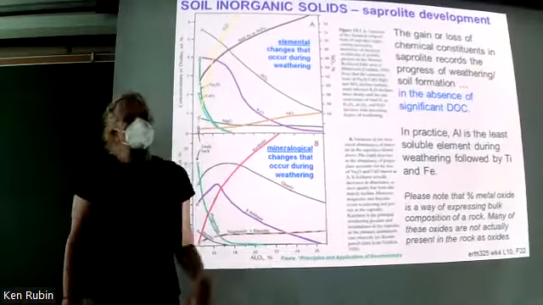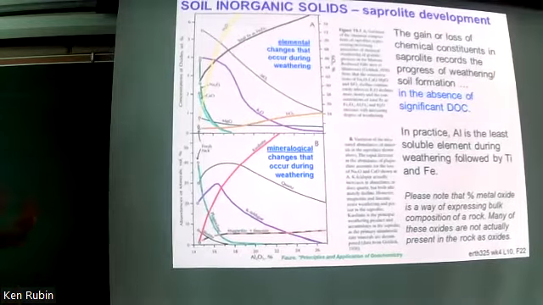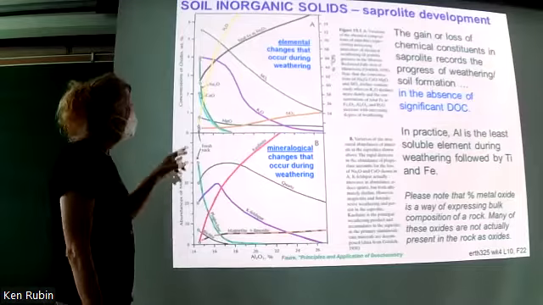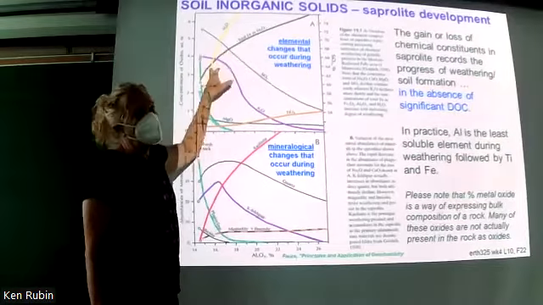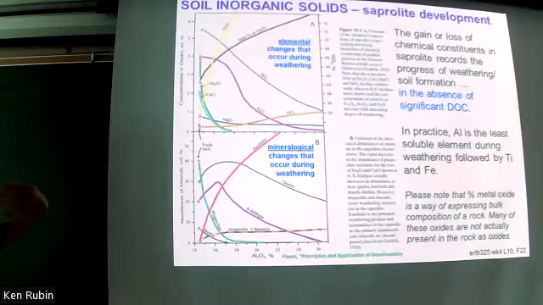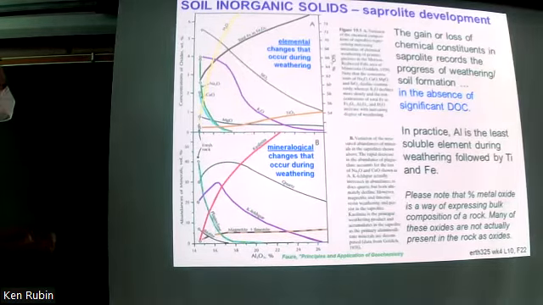Titanium builds up because it's one of these insoluble elements. It's part of the elements of the resistates, and so we see its concentration building up. We also see iron building up, okay? So this means that iron is in its +3 form, which is insoluble, not its +2 form. And so that implies that it's an oxidized condition.